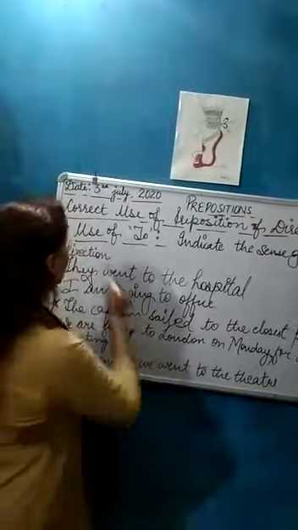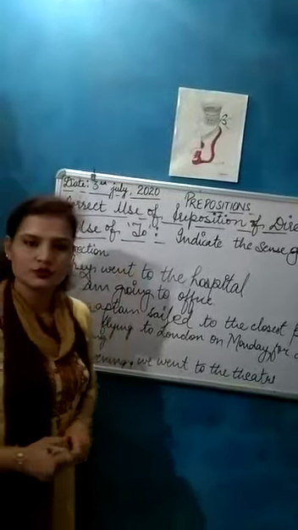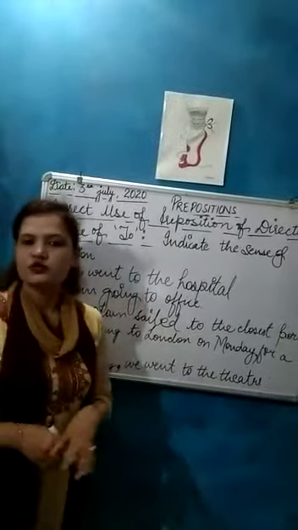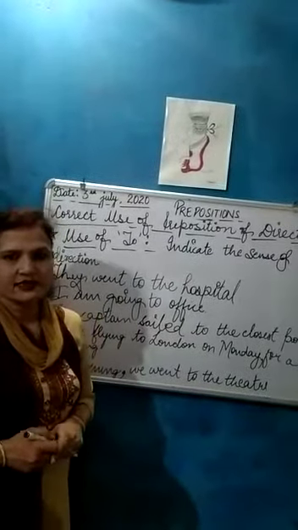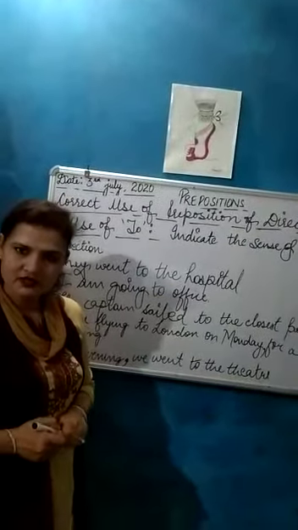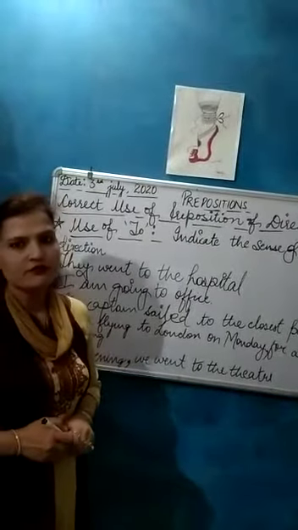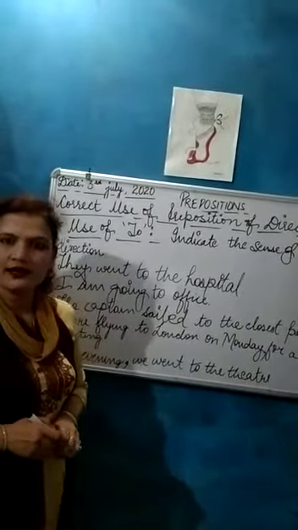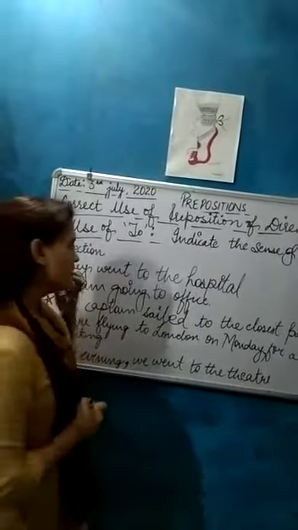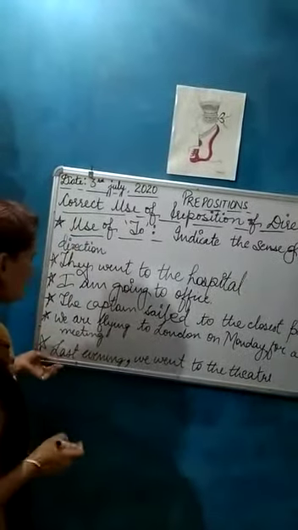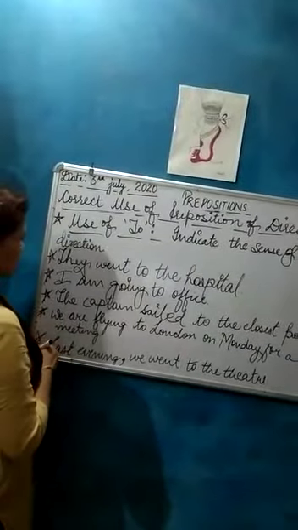Now, the use of to. To is used to indicate the sense of direction. It also indicates that there is movement from one place to another. Here are some examples of to.